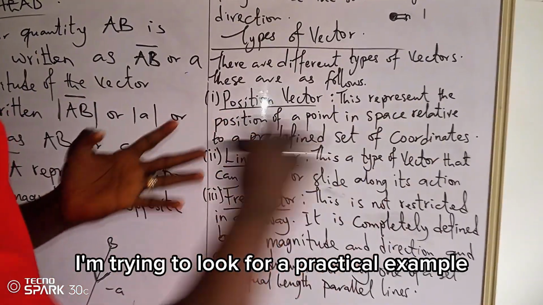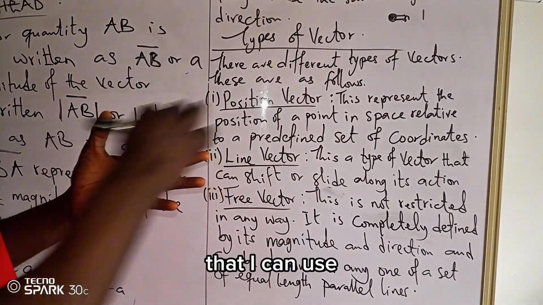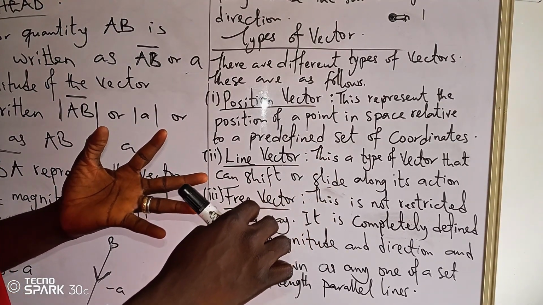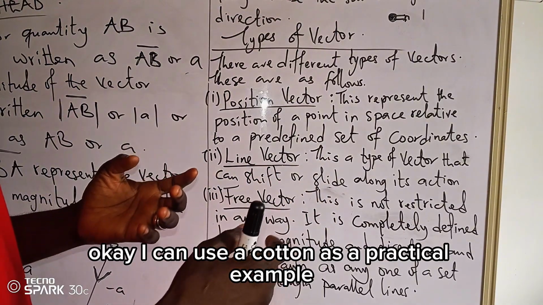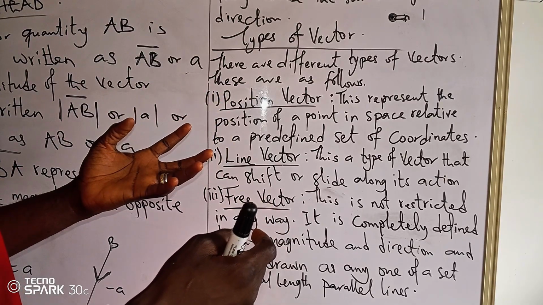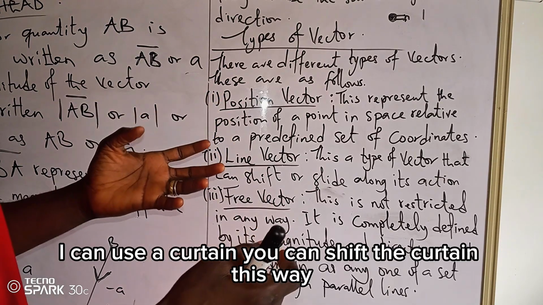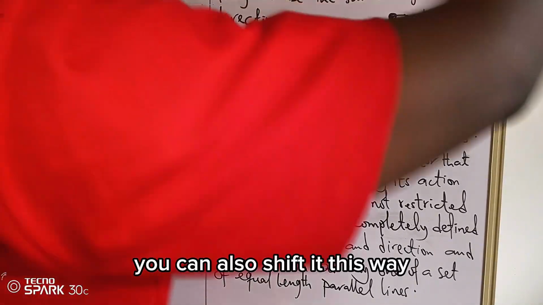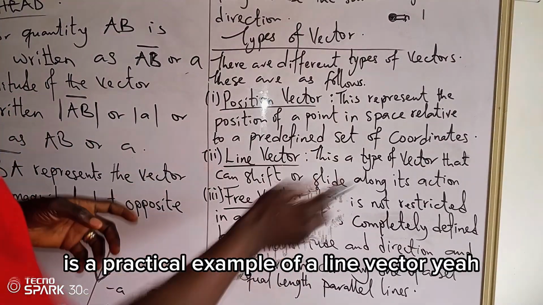I'm trying to look for a practical example that I can use. Okay, I can use a curtain. You can shift the curtain this way, you can also shift it this way. It's a practical example of a line vector.